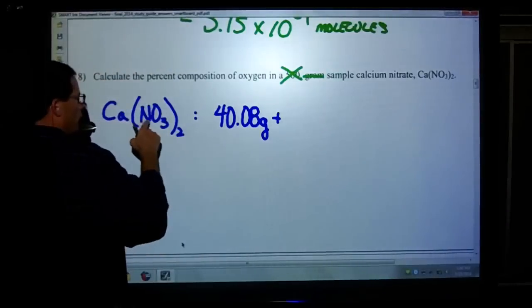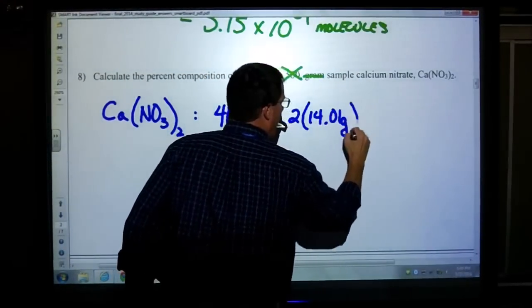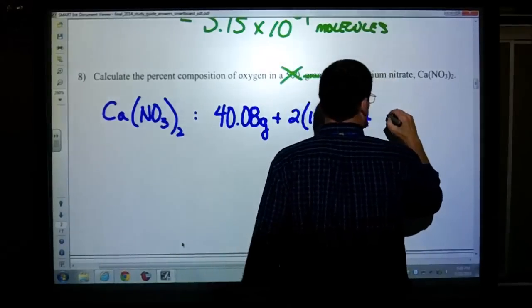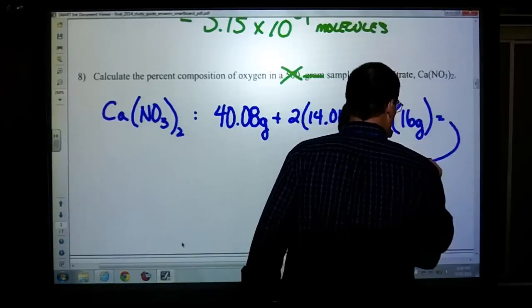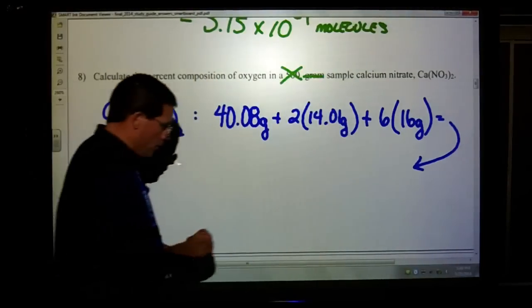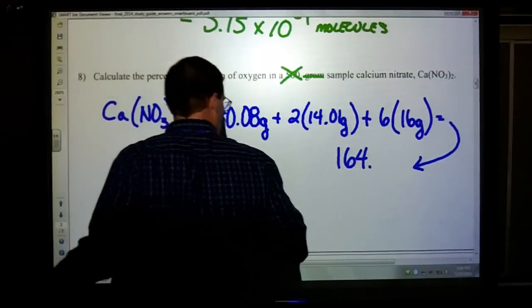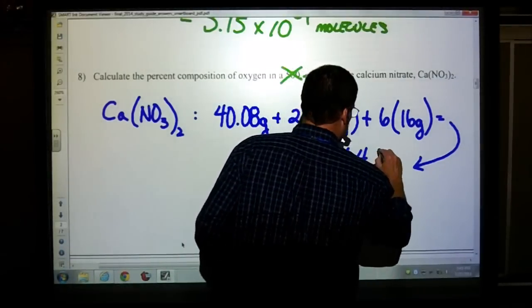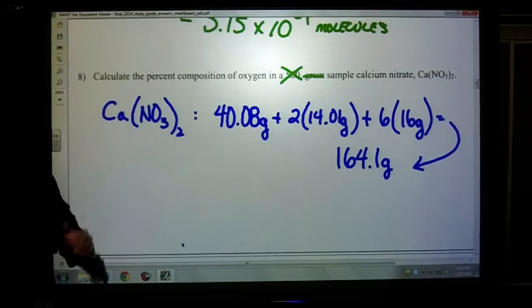We also have 2 nitrogens. So 2 times 14.01. Plus we have 6 oxygens. So this whole thing weighs 164, and I don't want to round this value at all, 164.1 grams. And that's 164.1 grams for every mole of that.